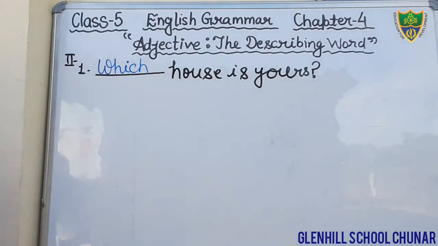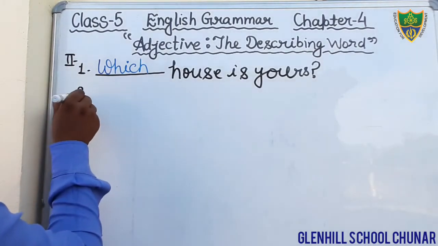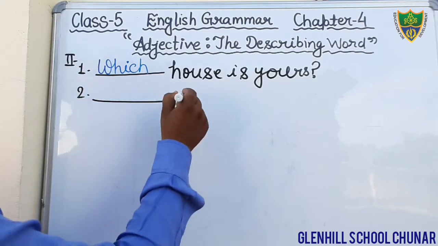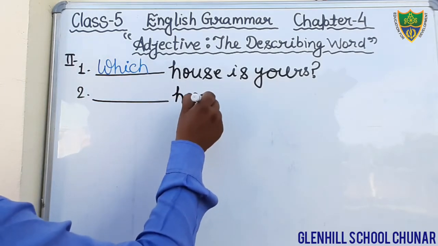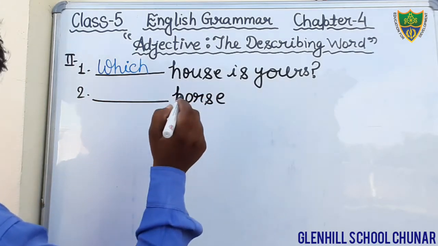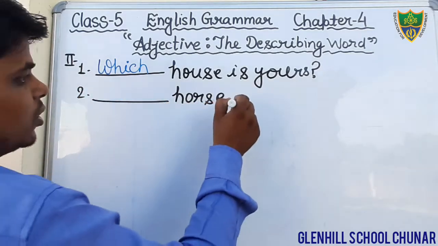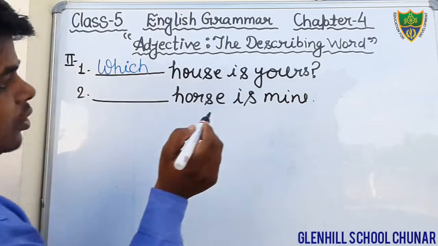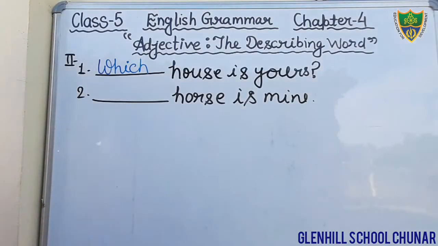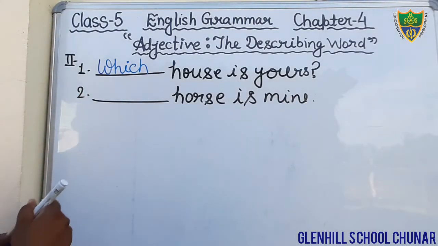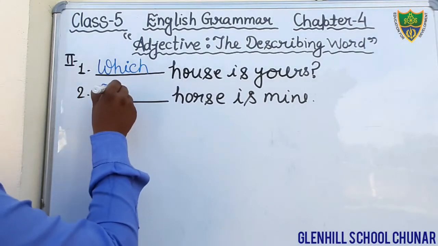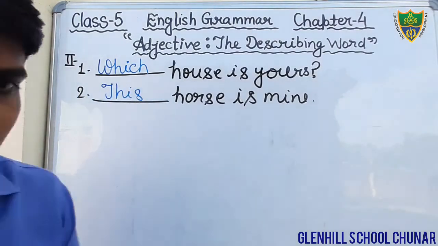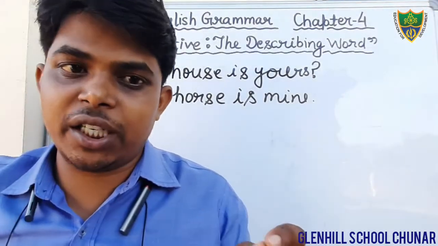Come to the next question. Just see here, second question. There is a blank in the beginning, and horse is mine. Okay students, this is the question. Here we are showing something, therefore we will use the demonstrative adjective.